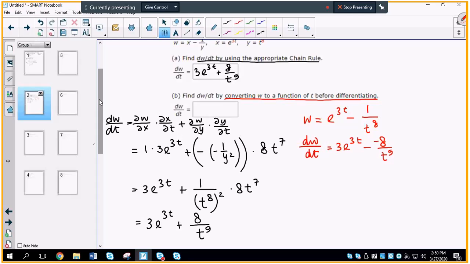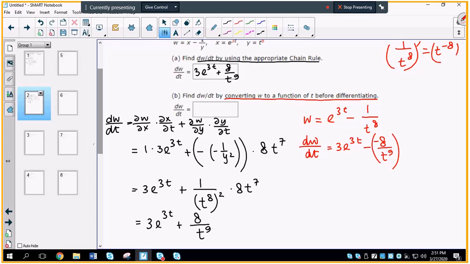And if you are questioning why this is going to be the derivative, think about 1 over t to the power 8 as t to the power negative 8. So then you are taking the derivative on both sides.